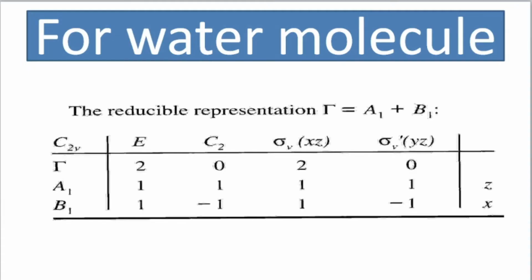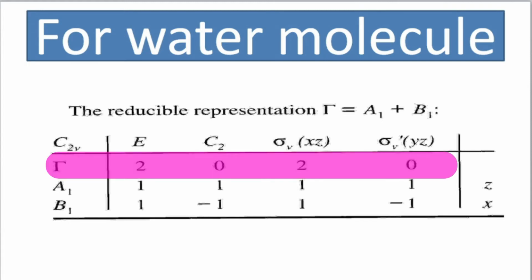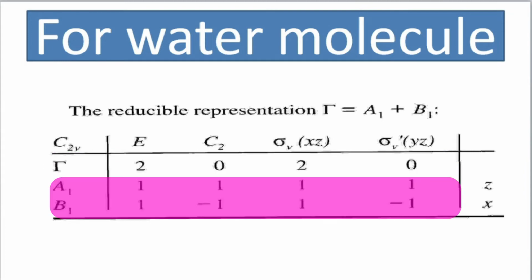It is our representation of point group C2v. Four operations are there. And what is the reducible representation? 2, 0, 2, 0. How did we obtain that? By the bond vector method. I discussed that method in detail in previous videos. That reducible representation can be reduced into two parts: one is A1 and the other is B1.